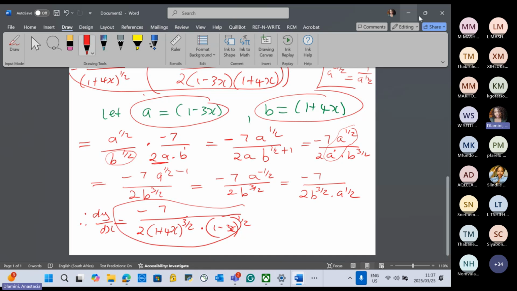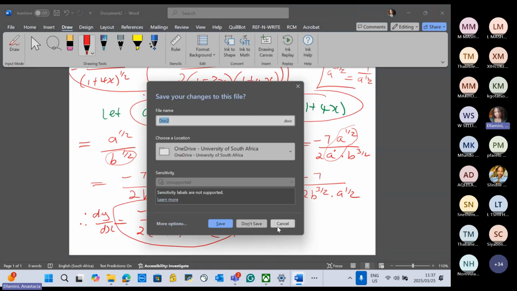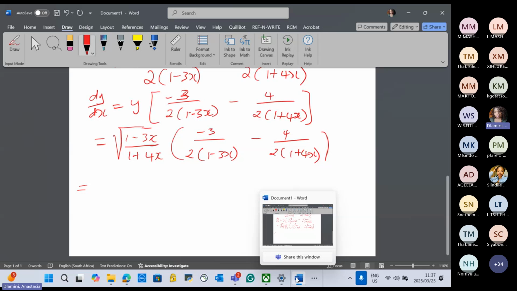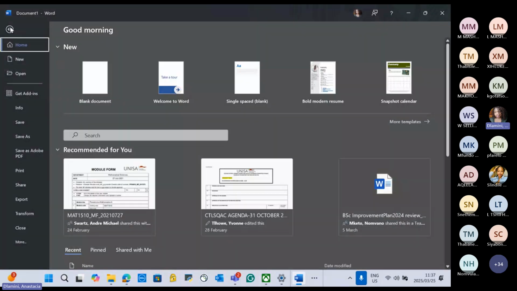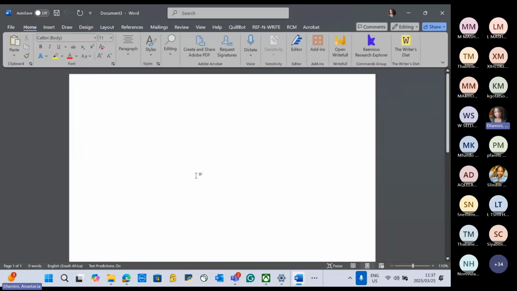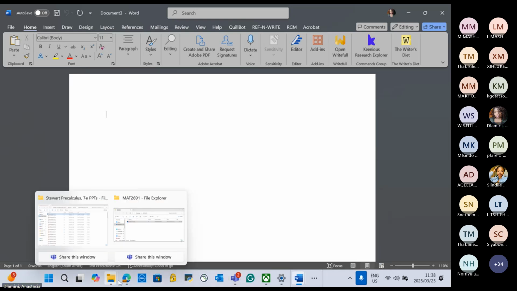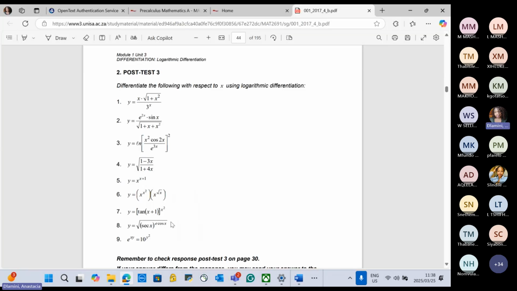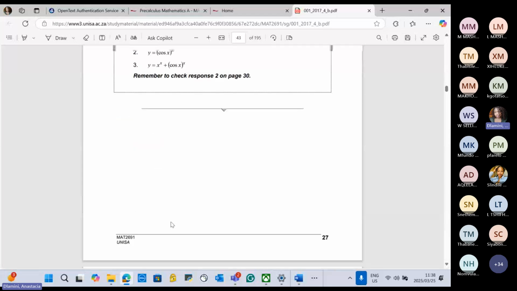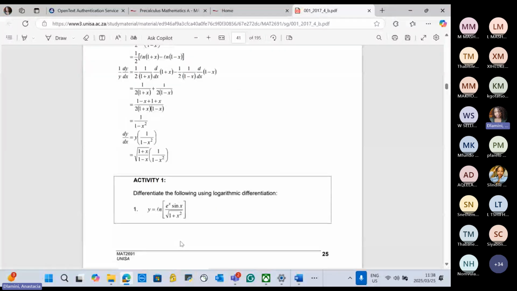I'm not going to do any other question because this is the only question I received during the emails period. But here, what we did last week was logarithmic differentiation, and something else.